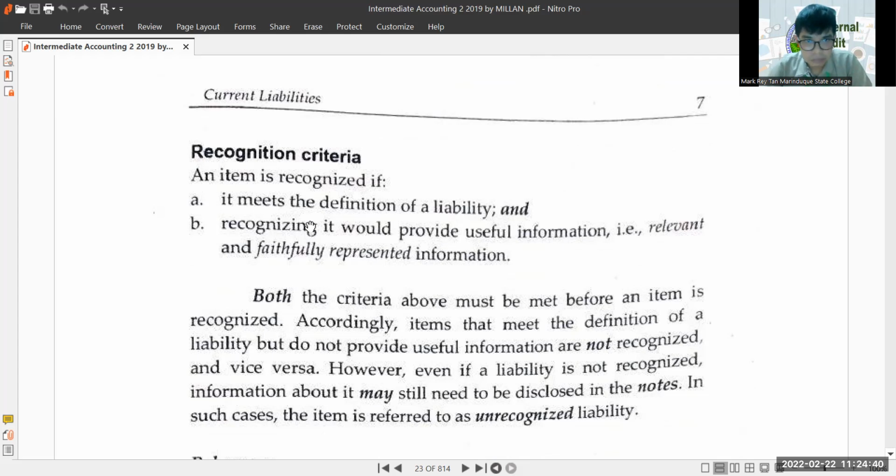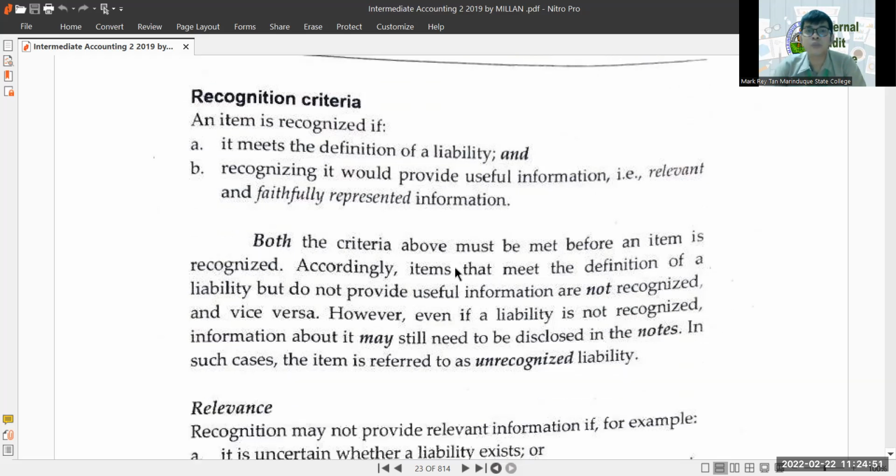So, letter B naman, recognizing it would provide useful information, example, relevant and faithfully represented information. So, for the item to be recognized, dapat yung dalawang criteria must be met. Okay? Both ha, hindi siya or, dapat ay and. Silang dalawa dapat. Okay? So, sa inyo na to, bigay ko na sa inyo.